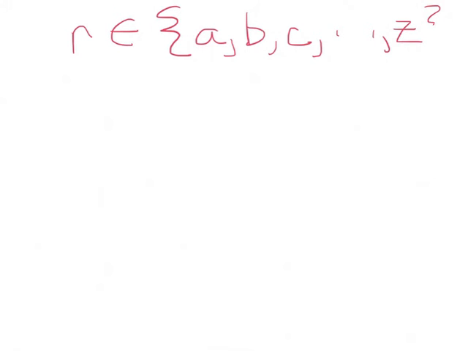So suppose I have R. Is that an element of the set containing A, B, C, ellipsis, Z? So what do you think? That's exactly right. That is a true statement.